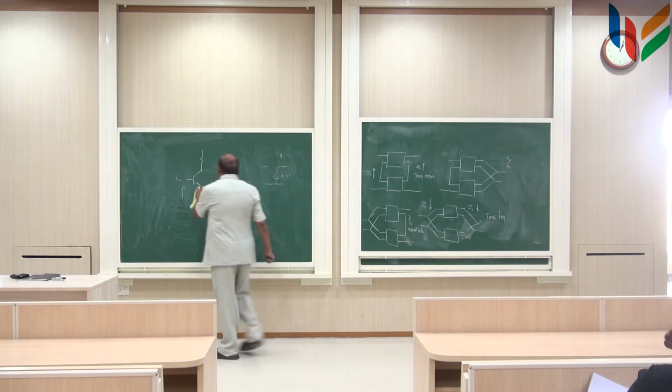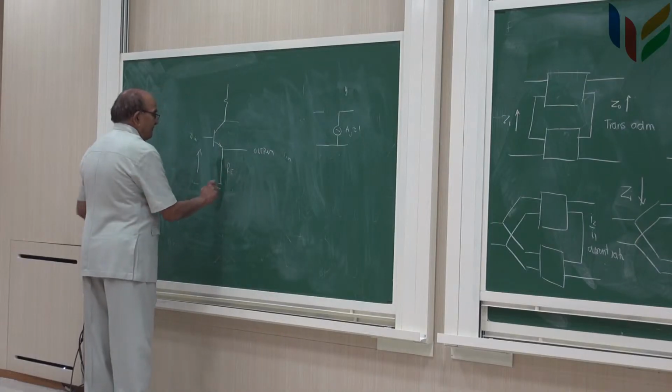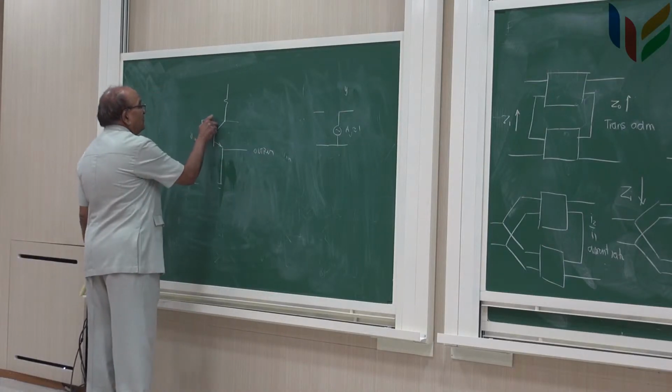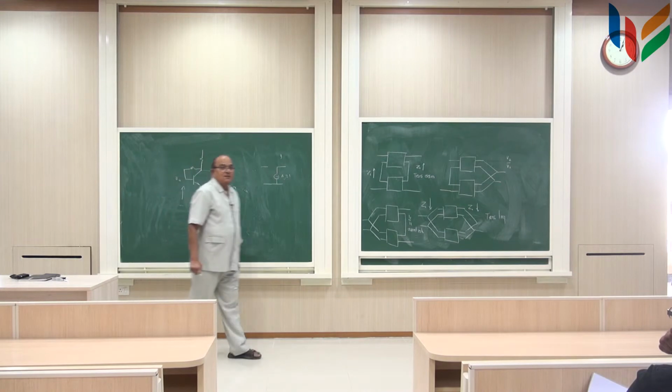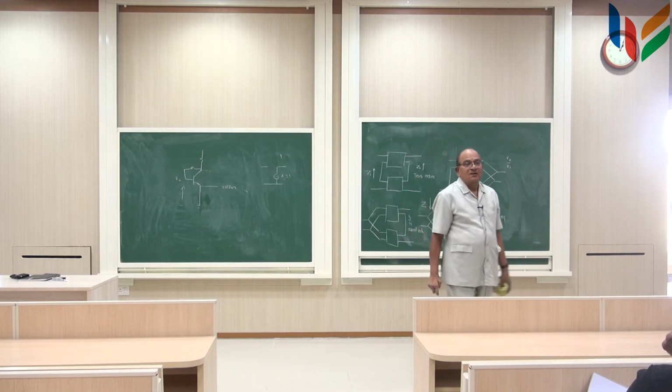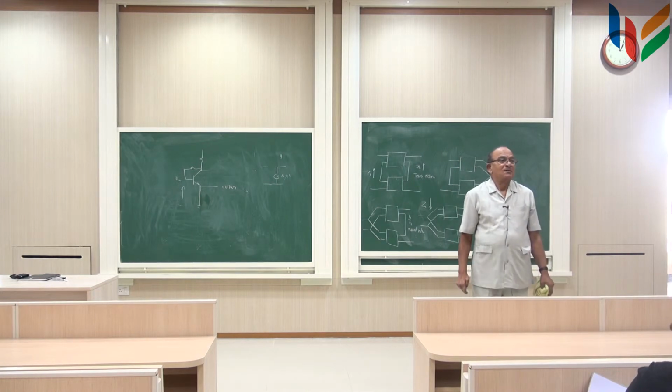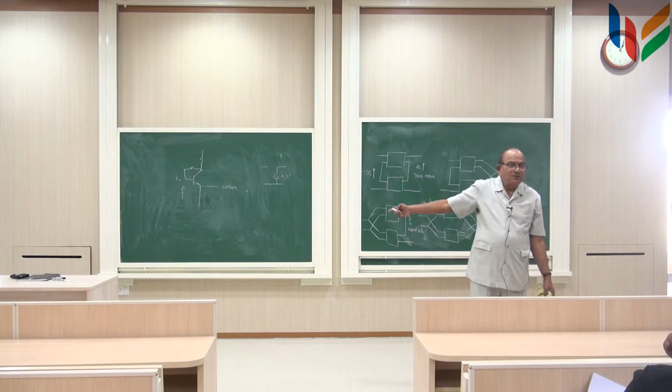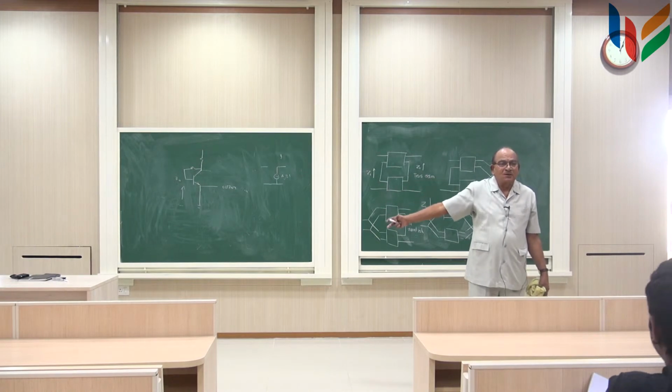Let me do the following here. I put a resistance from here to here. What kind of feedback is this? Shunt, right? Current is being subtracted at the input side, and the voltage is the common parameter for the two networks on the other side.